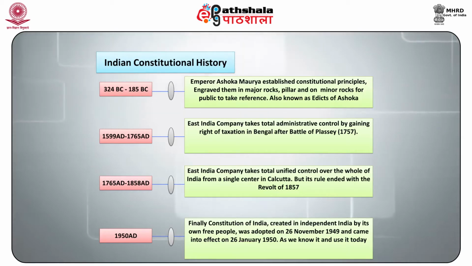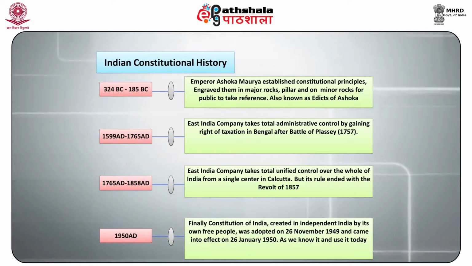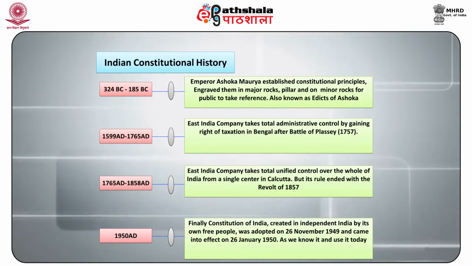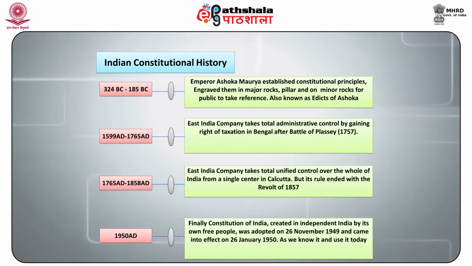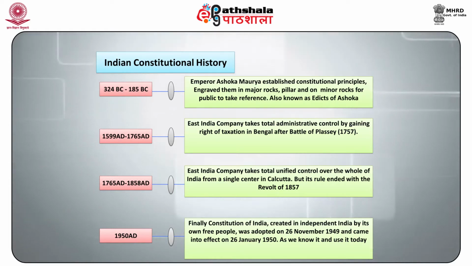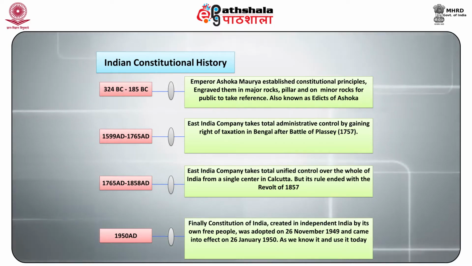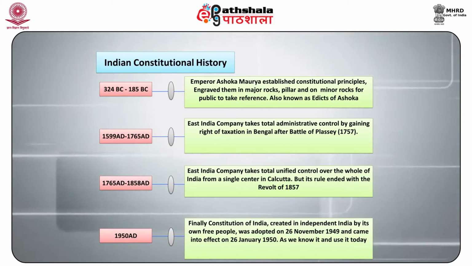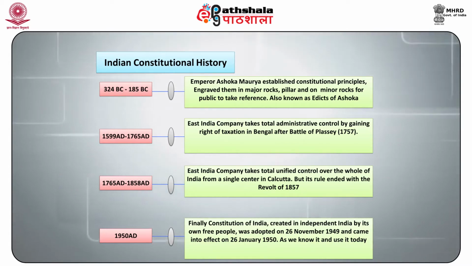Now, the Indian constitutional history dates back to the tenure of Emperor Ashoka. Emperor Ashoka of the Maurya dynasty established constitutional principles, engraved them in major rocks, pillars and minor rocks for the public to take reference, also known as the edicts of Ashoka.